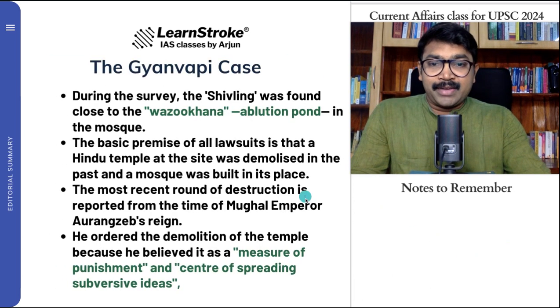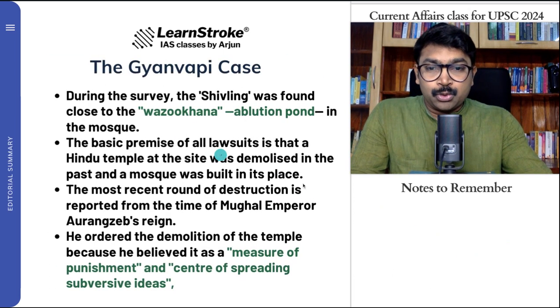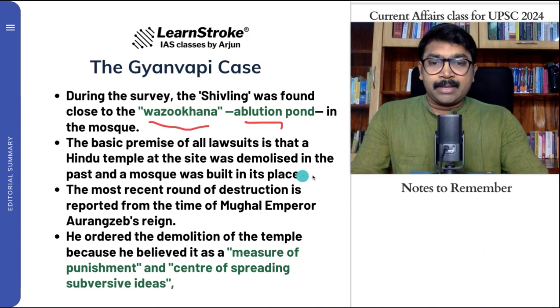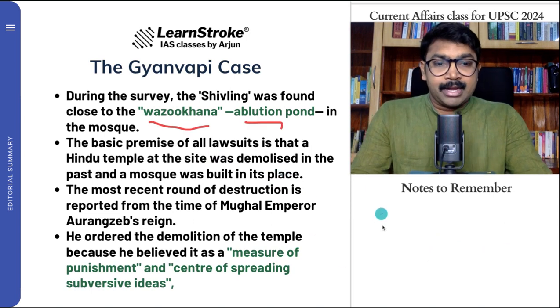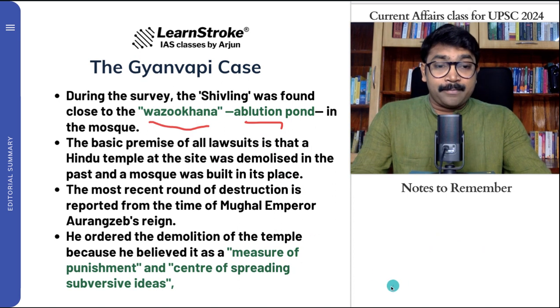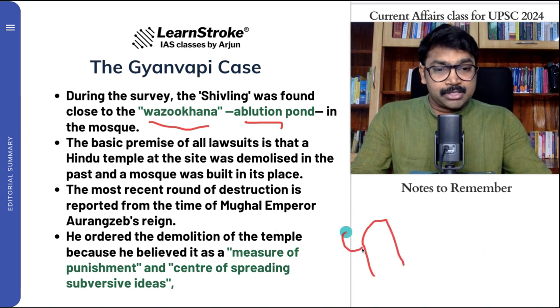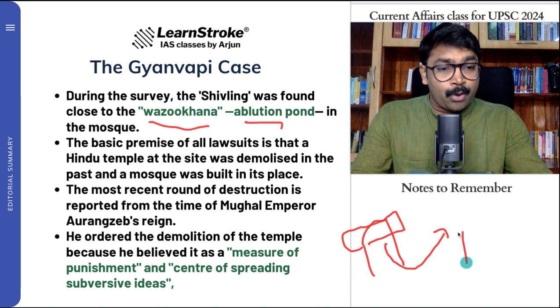And during the survey, the Shivling was found close to the Vazu Khana. What do you mean by the Vazu Khana? The ablution pond. And the basic premise of this, let's understand this. Previously, according to the history by Satish Chandra, this was actually a temple. And this temple was destroyed, and a mosque was constructed later.